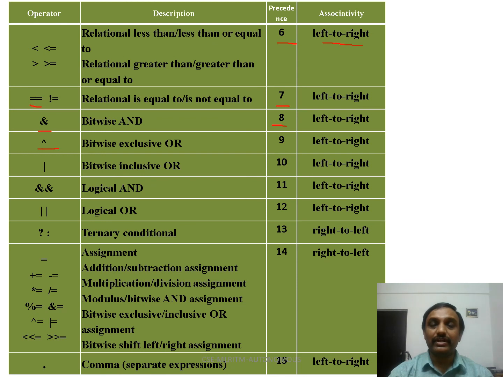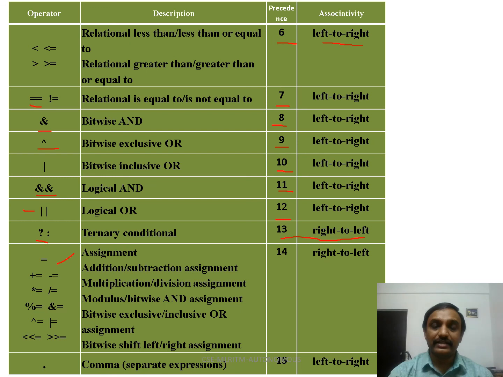Bitwise exclusive or, ninth precedence, left to right associativity. Bitwise inclusive OR, 10th precedence and left to right. Next, logical and, 11th precedence. Logical OR, that is 12th precedence. Ternary operator, that is 13th precedence, right to left associativity.